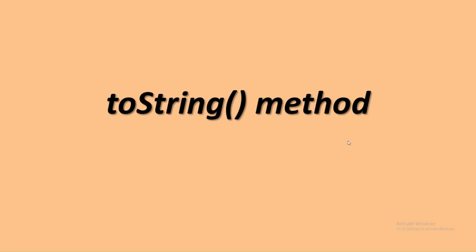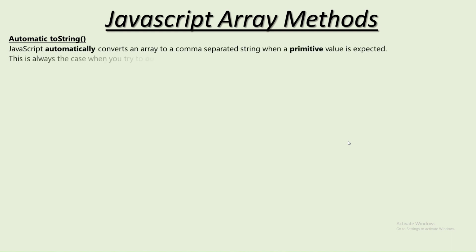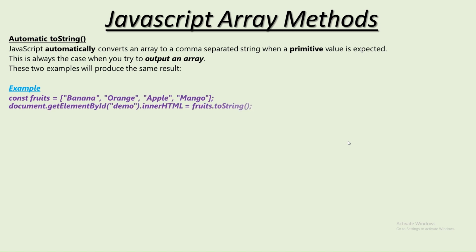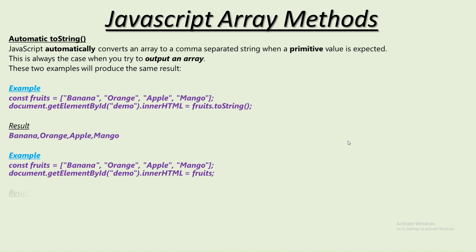The toString method. That is automatic toString. JavaScript automatically converts an array to a comma-separated string when a primitive value is expected. This is always the case when you try to output an array. From these two examples, we produce the same result. The first one has four elements, banana, orange, apple, mango, and document.getElementById demo.innerHTML will have fruits.toString, and that converts the array to a string.